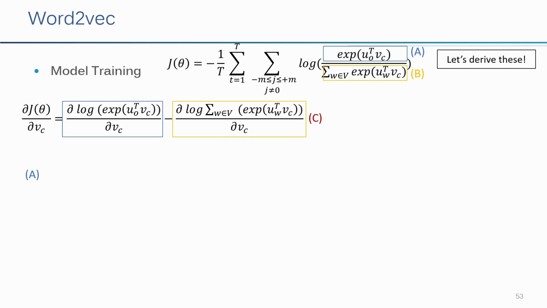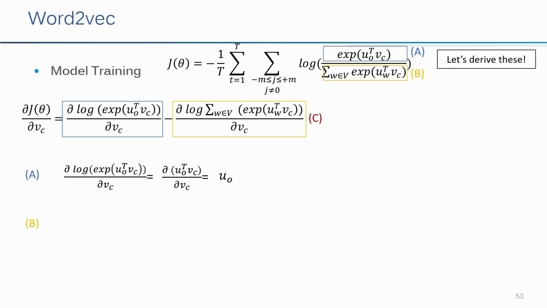What is the very first part? When we calculate the derivative here, the log and the exponential pretty much cancel out, so the result is not that complicated. We will end up with our context vector. So we already have the first term right here.